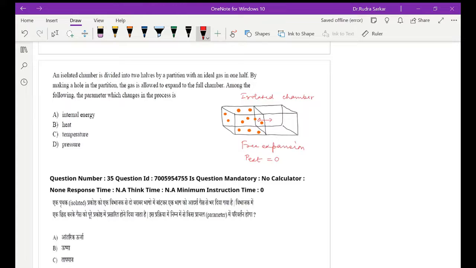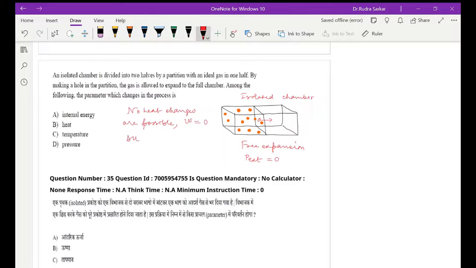The system is isolated and there is a free expansion, so no heat changes are possible. Even work done is 0 because it is a free expansion.